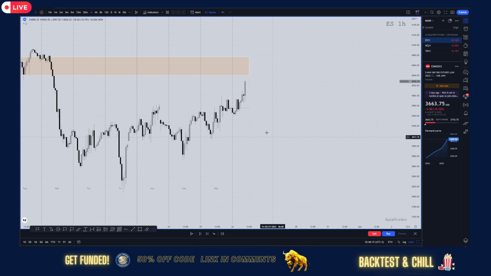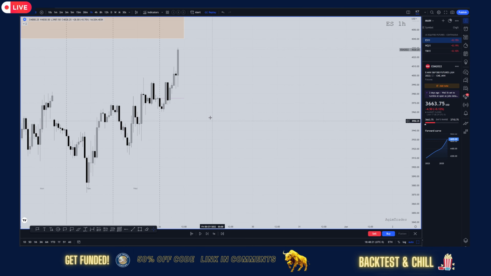And then what we got right here, we have price break to the upside, be supported, price break to the upside, be supported, price break to the upside, be supported. So we have a really strong trend line here, which I think we could break before we can get up higher. Let me draw that out.